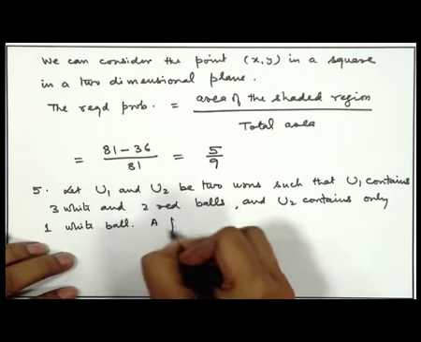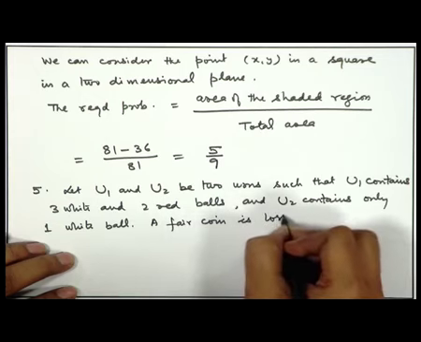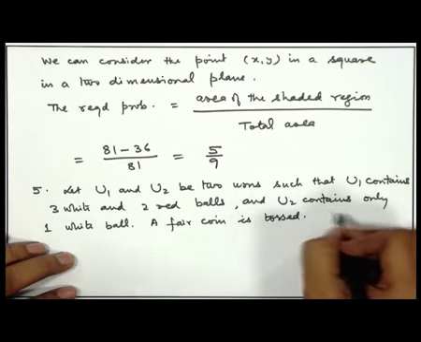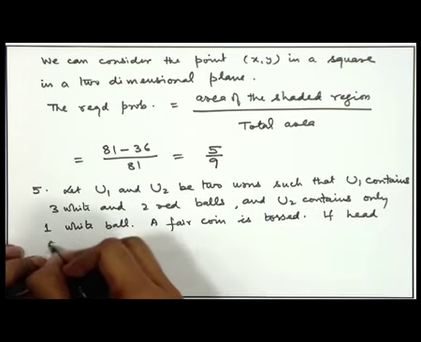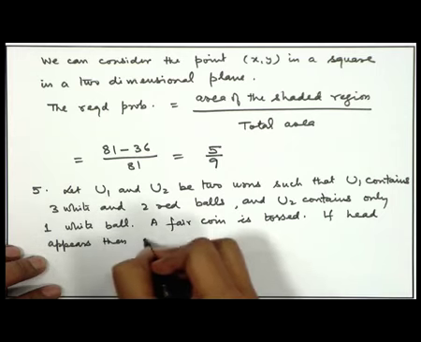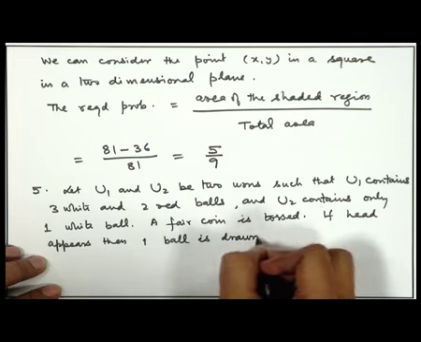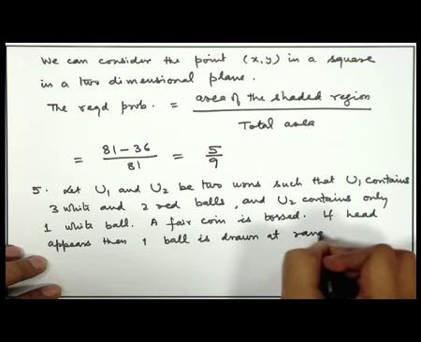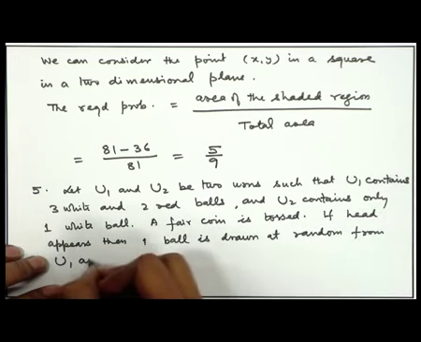A fair coin is tossed. If head appears, then 1 ball is drawn at random from U1 and put in U2.